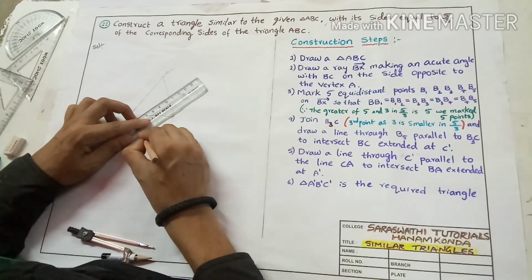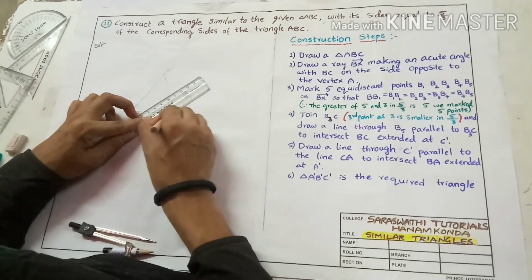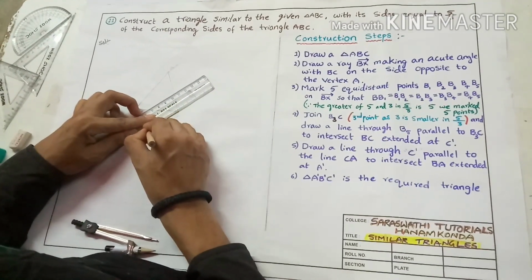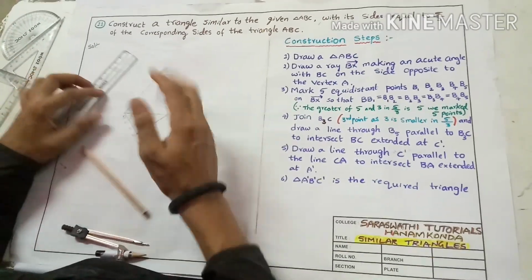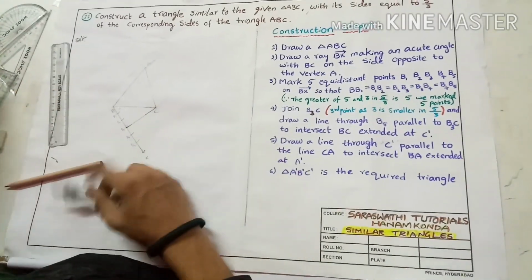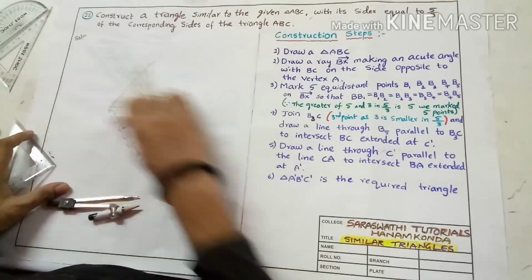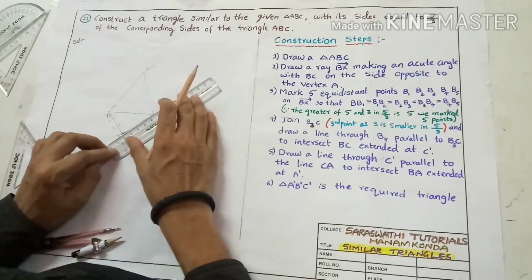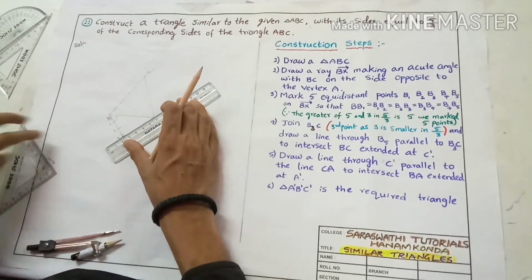So from B3, join B3 and C. Again, from B5 draw a line parallel to this B3C.